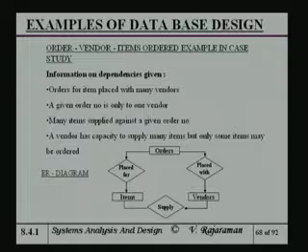The order vendor item example: we looked at a case study at the beginning of these lectures where a company orders items from a vendor, and the vendor supplies items to the company and it goes to the inspection office and then purchase and so on.